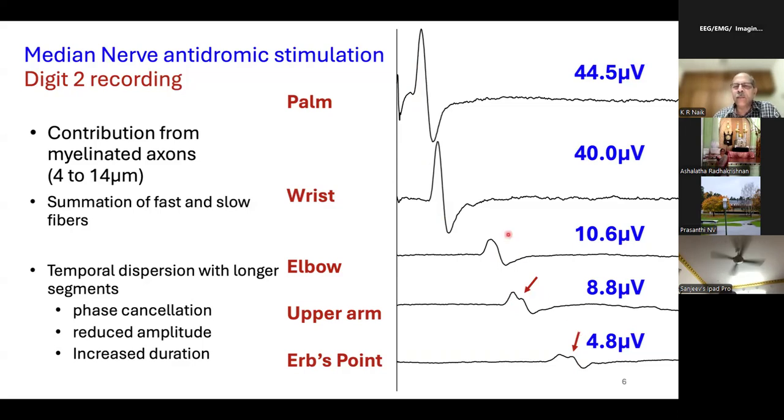Velocity remains the same. So this reduction as you have increasing length of the nerve being tested is a normal phenomenon. Whereas if the same thing is seen in motor, this is going to be conduction block or conduction failure.